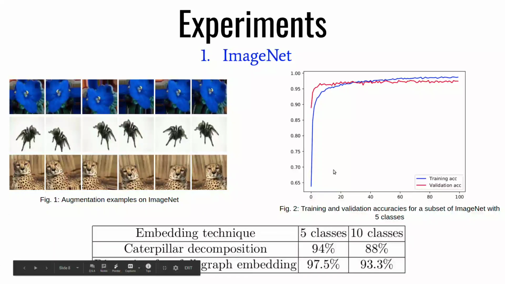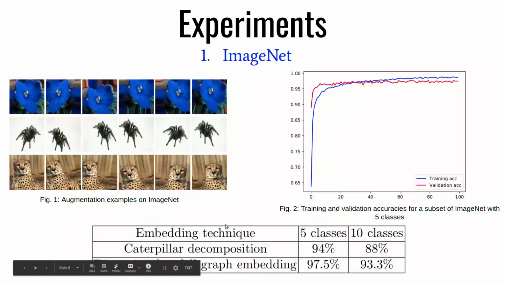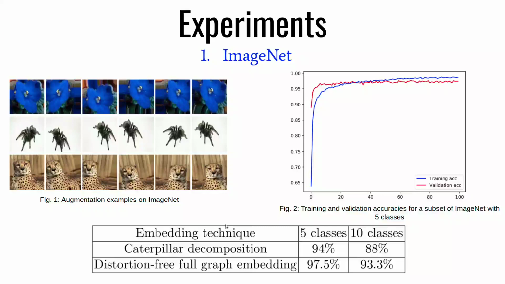Another popular family of approaches for graph embedding is based on the concept called caterpillar decomposition, which is the set of edge disjoint root to leaf paths. Caterpillar decomposition introduces a distortion, i.e. the distances in the embedded space aren't exactly equal to those in the graph space.